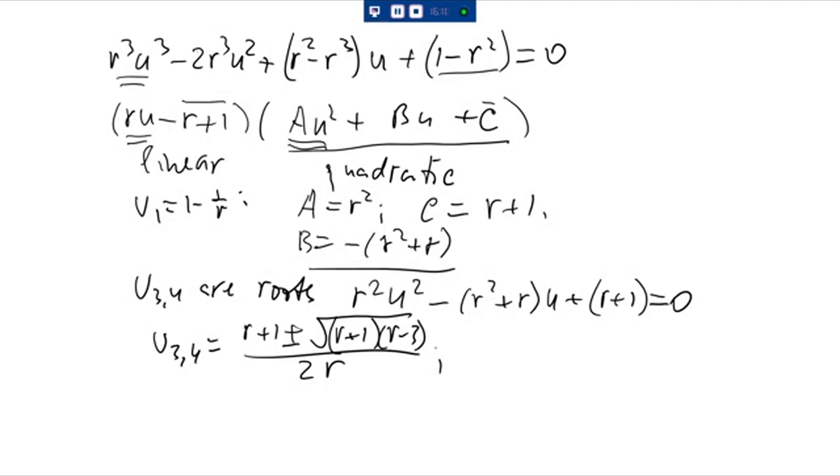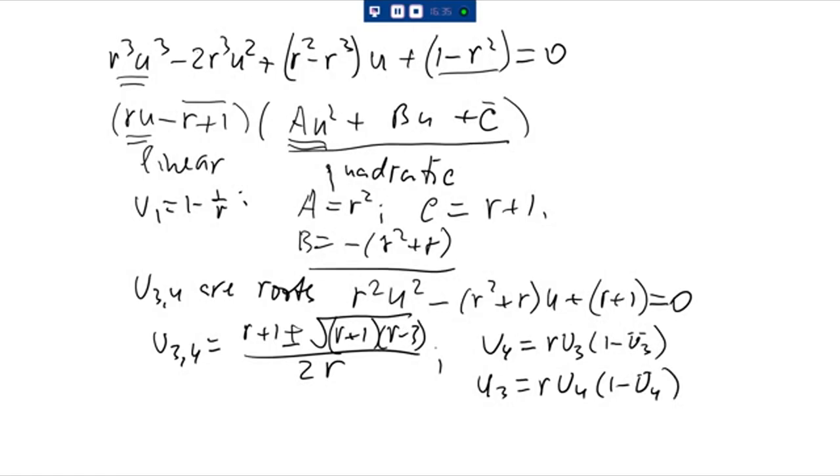Since U3 and U4 form a two-periodic solution, we know that U4 is rU3(1 minus U3), and also U3 equals rU4(1 minus U4).